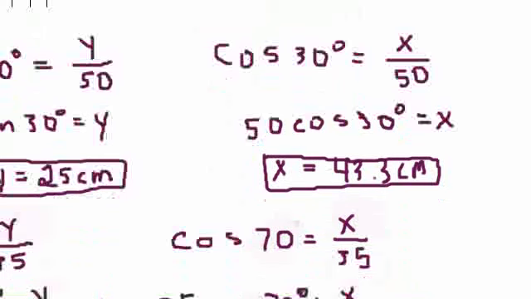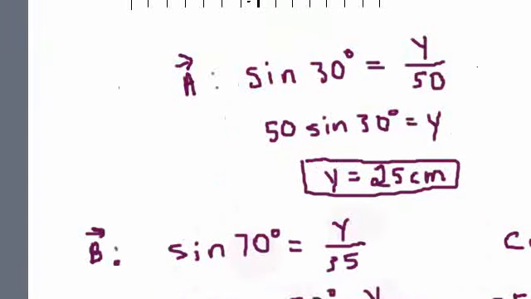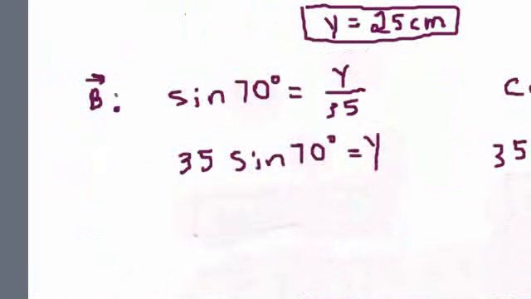Then I move the 50 over to the other side. Here it is, 50 cosine of 30 degrees is equal to x. X is 43.3 centimeters. So we just found the y and x component of vector A. Now we're going to solve vector B. Vector B, I didn't finish it, and there's a reason why I didn't finish it.